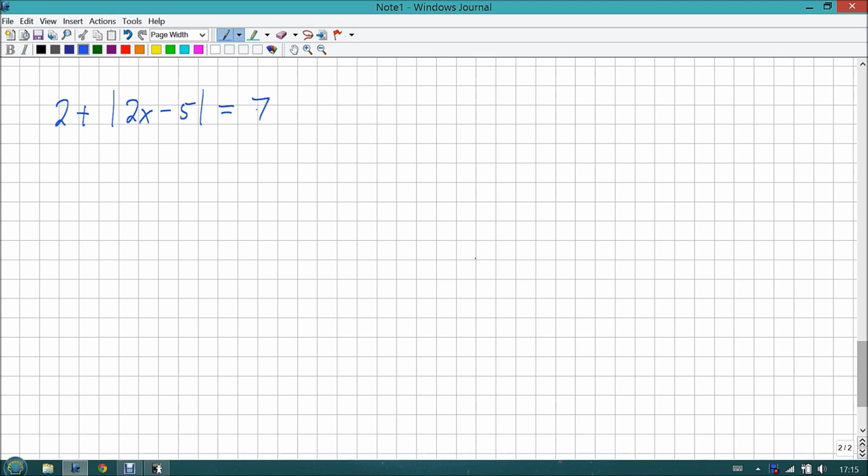All right, let's try this out. First things first, we got to get rid of the 2, so I'm going to subtract 2 from both sides. 7 plus the absolute value of 2x minus 5 is equal to 2.